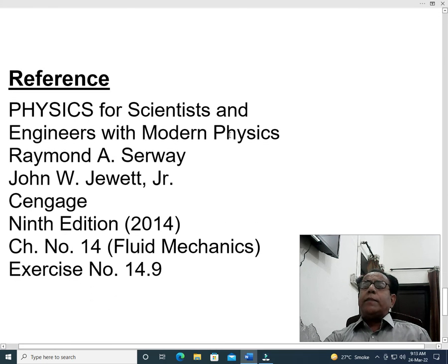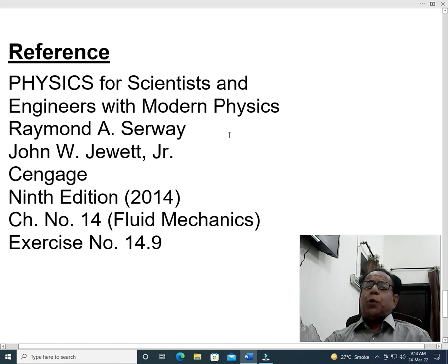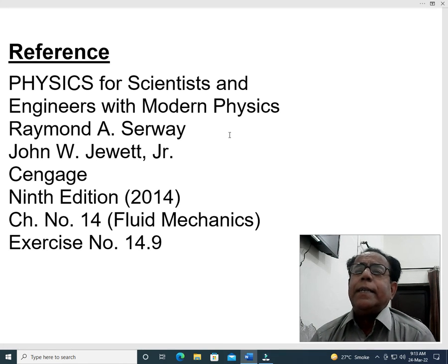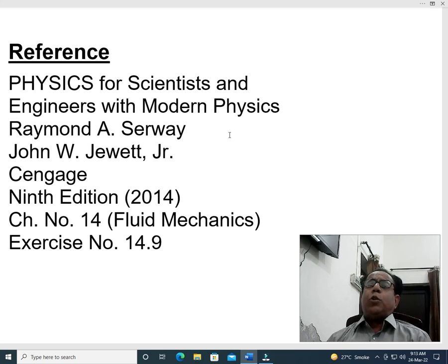Now we come towards the reference from where we have chosen this problem. Our reference book is Physics for Scientists and Engineers with Modern Physics. Authors are Raymond A. Serway and John W. Jewett Jr. Its publisher is Cengage.